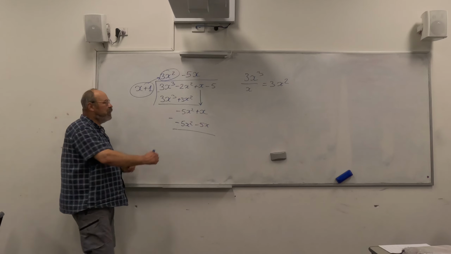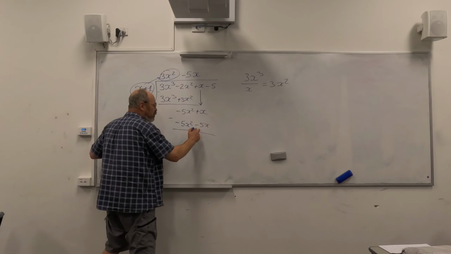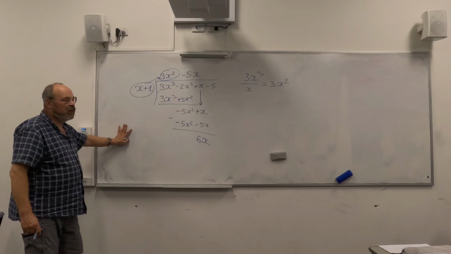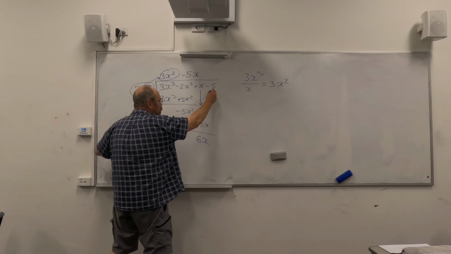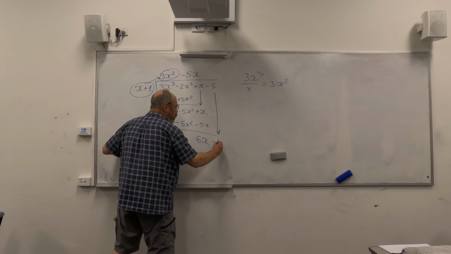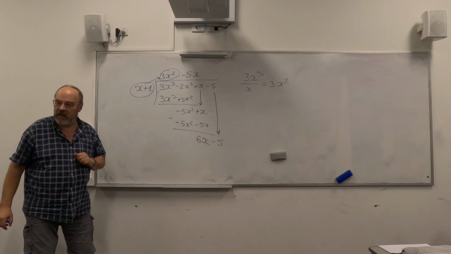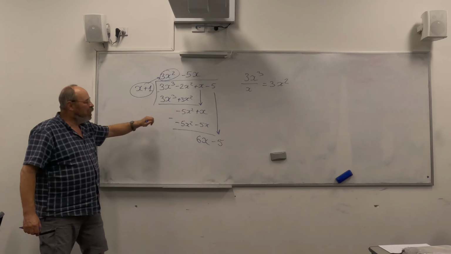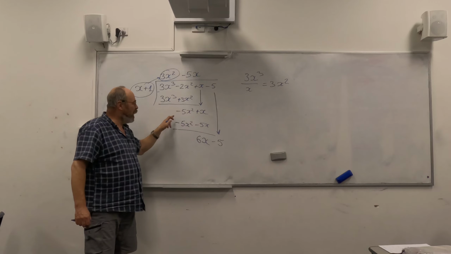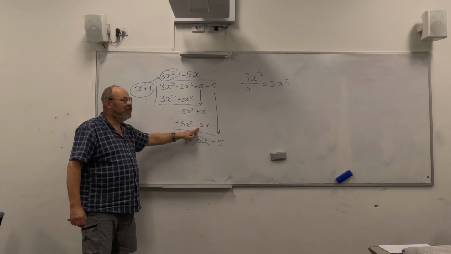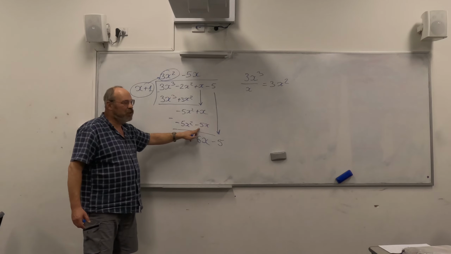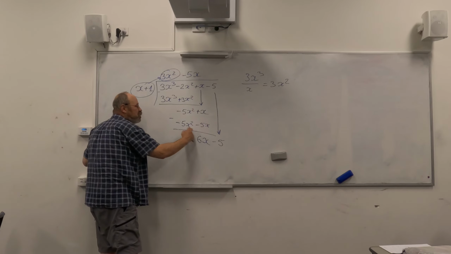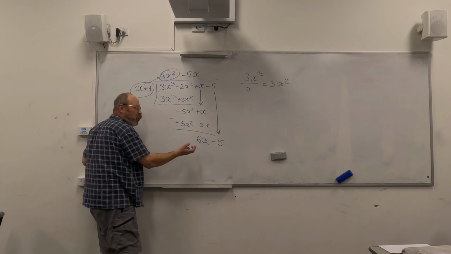Then x minus negative 5x: negative, negative is positive, so x plus 5x is 6x. Then we drop the minus 5. And we repeat the process again. Oh, it's not negative 4x. We're subtracting this expression, negative, negative, positive.